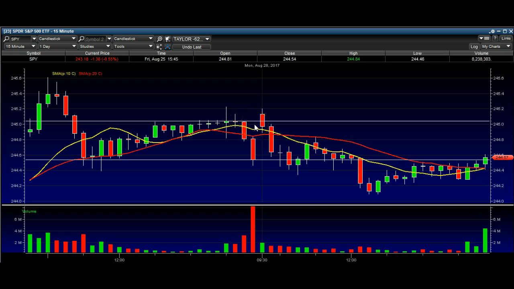So we didn't just blindly short here at the open. That wouldn't have been a good idea because we gapped over this resistance, and a lot of times when you get a gap up, that can lead to a bullish day.